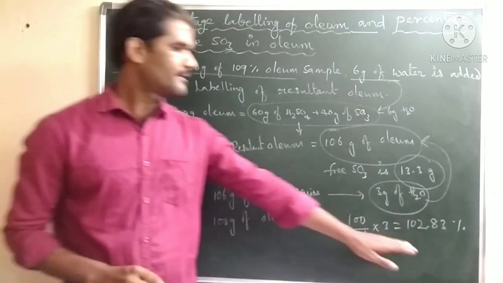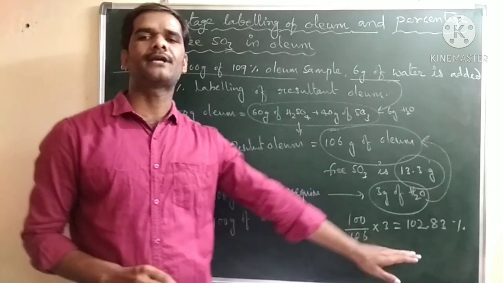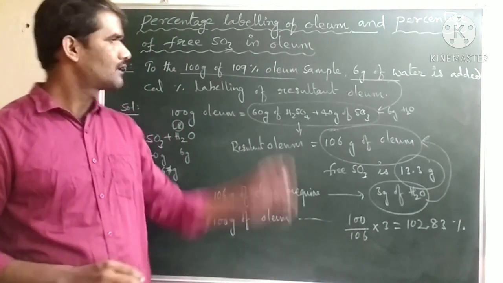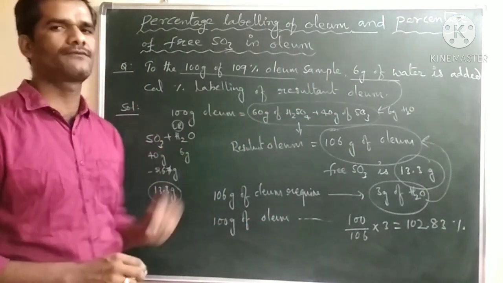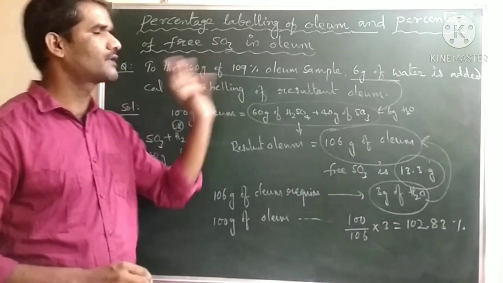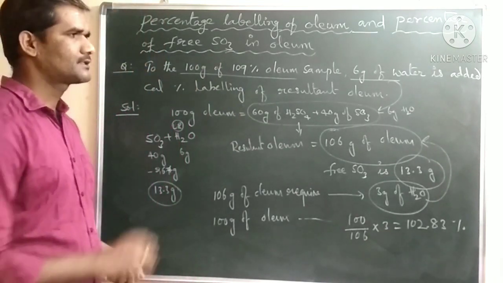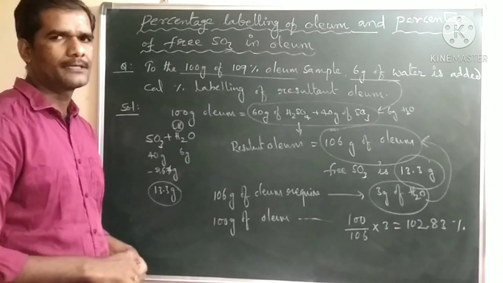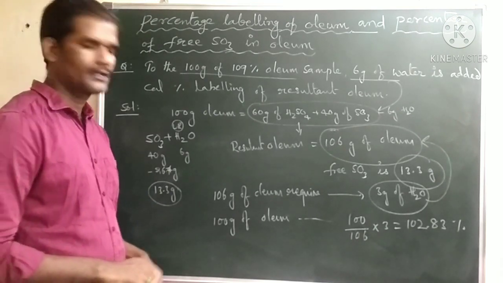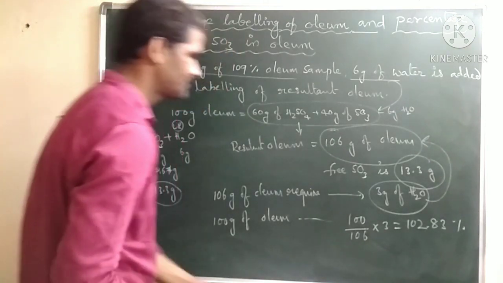This is the percentage labeling of resultant oleum after addition of 6 grams of water to 100 grams of 109% oleum. This is one type of model to calculate percentage labeling. Let me take one more model here.